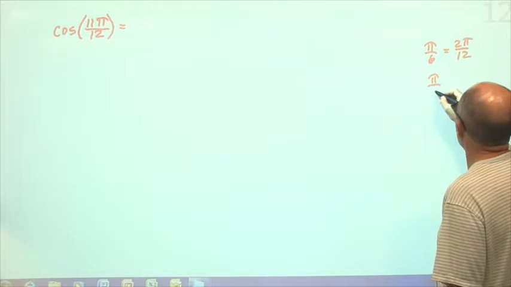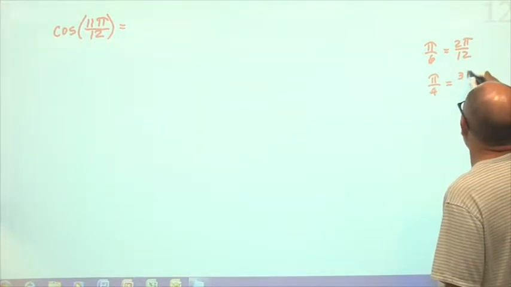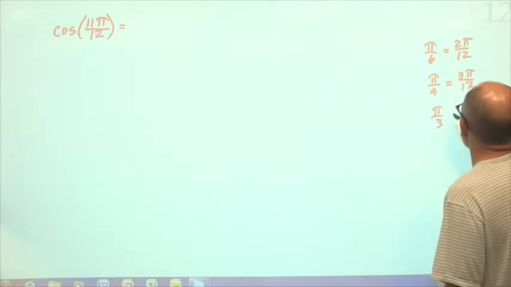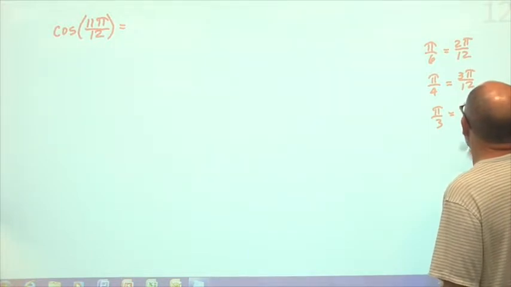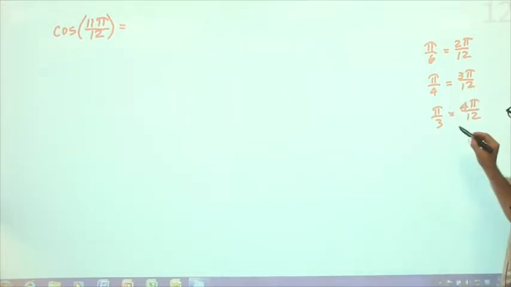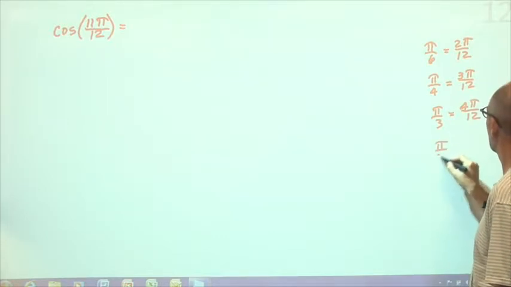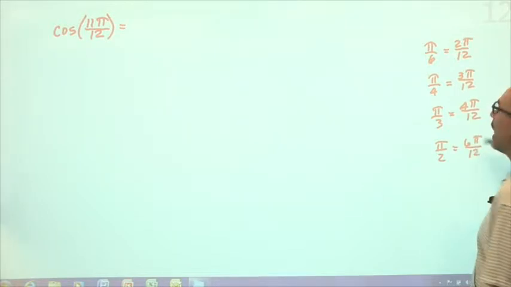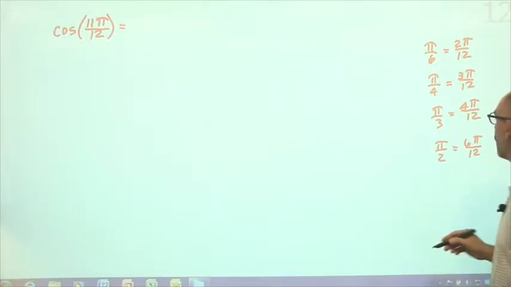Pi over 4 equals 3 pi over 12. Pi over 3 equals 4 pi over 12. So then pi over 2 equals 6 pi over 12. Now I don't have any 2 of these that I can add up to get 11 yet. So we need to keep going.